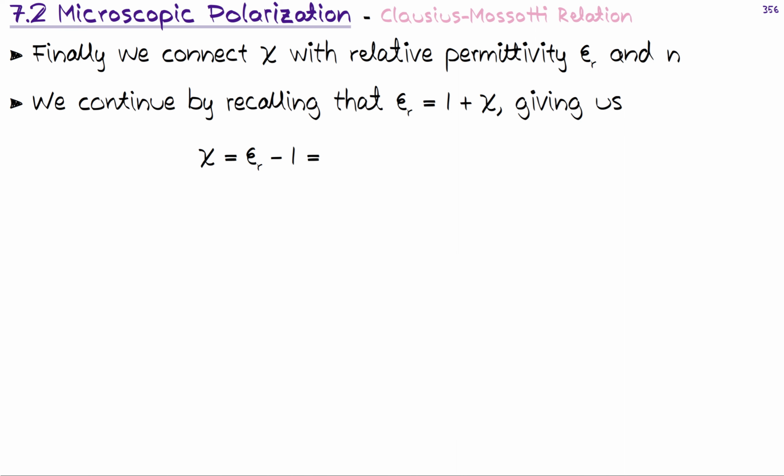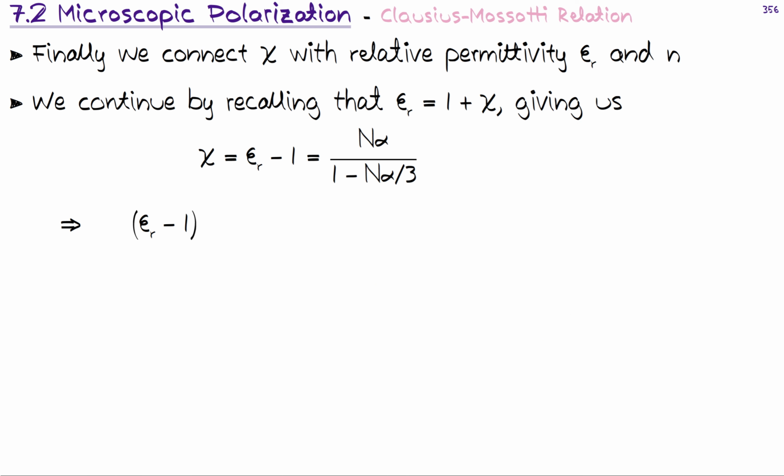And then we know that chi is also equal, as we previously discovered, to n times alpha divided by 1 minus n times alpha per 3. And we can shuffle things around. We can move the latter term to the left-hand side. So this 1 minus n alpha per 3 in the denominator, we can multiply to the left-hand side.